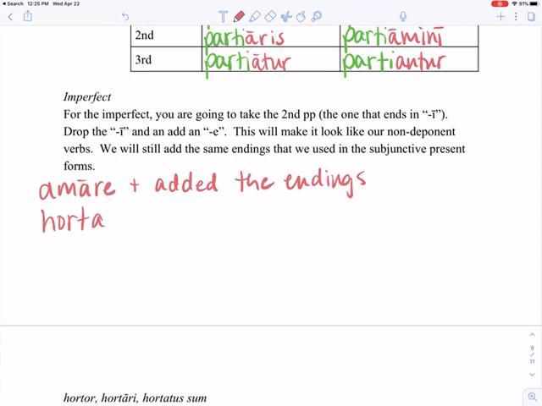So we'll start with my example here. Okay, so we're going to take hortari, we're going to drop the I, and we're going to add an E. Now, look at that. It looks like amare, doesn't it? So that's why we have to do that. It's still going to be the same. And so we're just going to take hortari and add our endings: r, ris, tur, mur, mini, ntur.